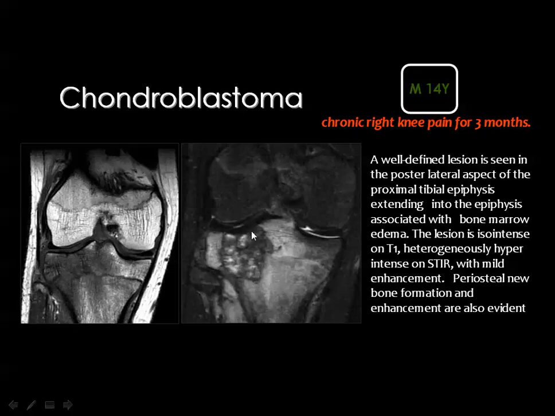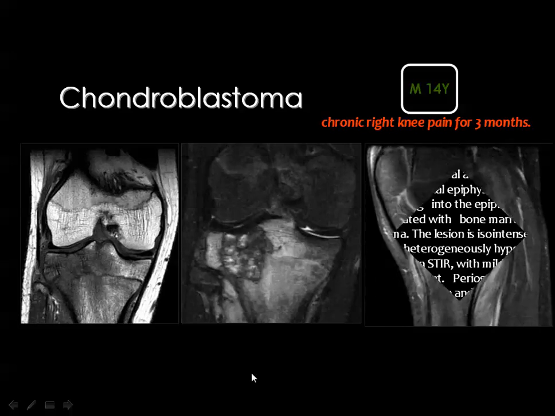It is very close to the joint, and it occurs particularly in the epiphysis. And whenever it is large, it will extend into the metaphysis. As you can see here, the tumor is sometimes surrounded by evident bone marrow edema, which will show low signal in the T1 and a high signal in the T2 weighted image, as you can see in this particular example.